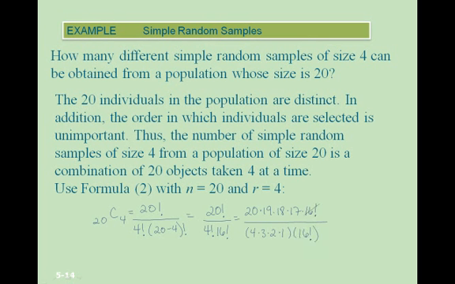Now we can again cancel our 16 factorial since everything is being multiplied. And in the top, the remaining values we will get 116,280 divided by 24, which will give us 4,845. So there are 4,845 different simple random samples of size 4 from our population whose size is 20.